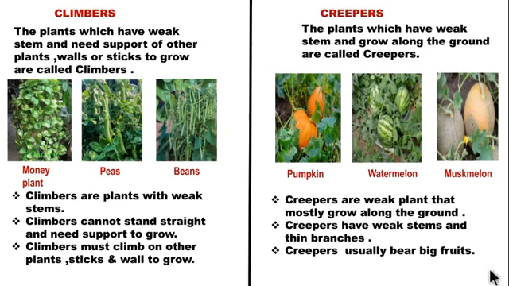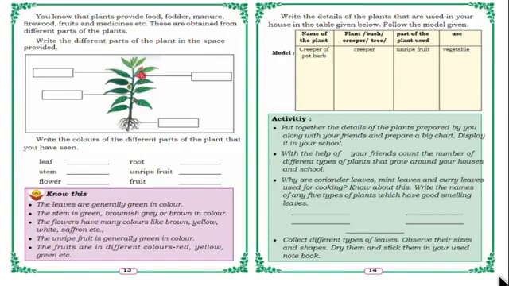So creepers are weak plants that mostly grow along the ground. Creepers have weak stem and thin branches. Creepers usually bear big fruits. In watermelon we can see, isn't it?